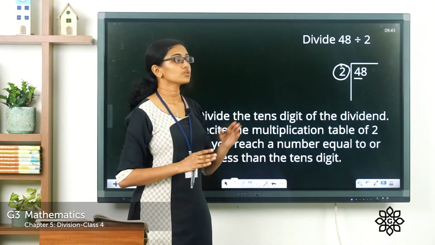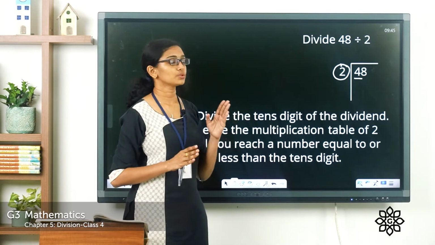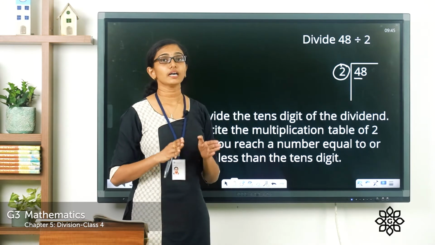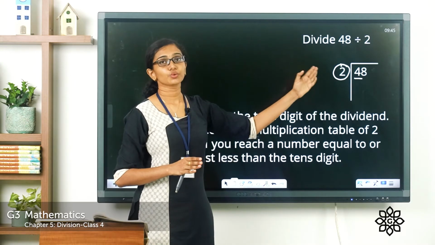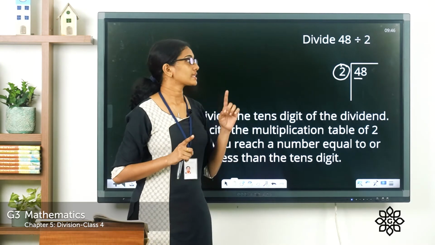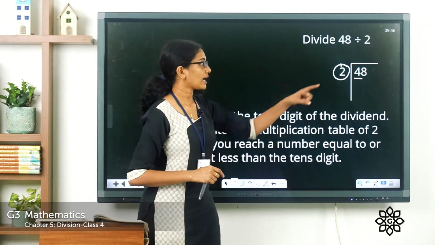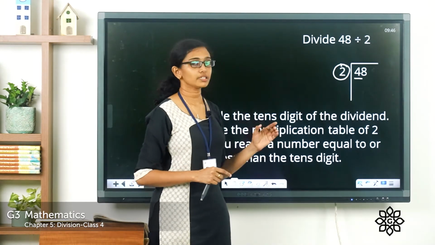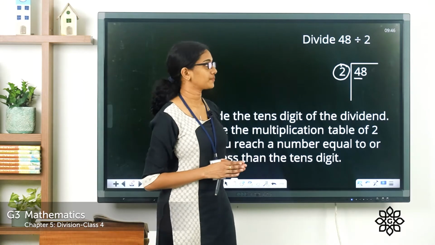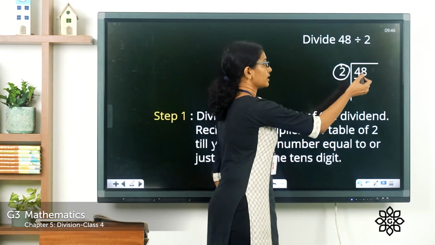Clear? 2 ones are 2, 2 twos are 4, but 2 threes are 6, which is more than 4. So we get 2 twos are 4. Let's take that 2 and write it here. This is the place where you are supposed to write the result, or the quotient, of the division. So let's write 2 here.